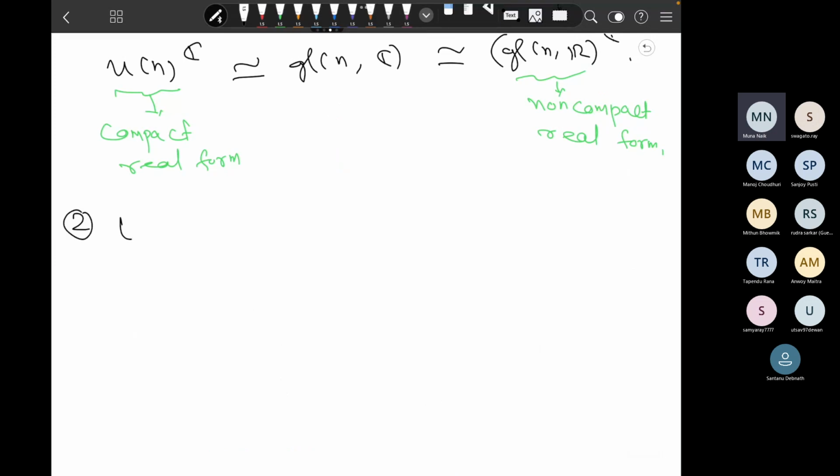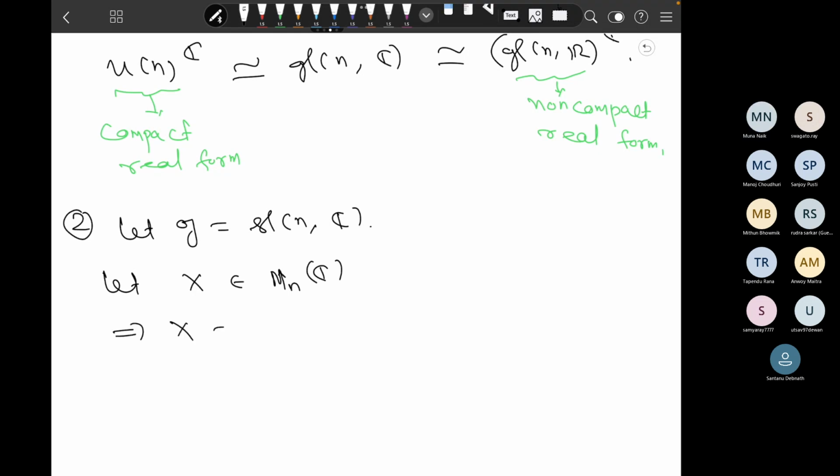Let G be equal to SLNC. So let X belong to MNC. This implies X can be written as A plus iB with A, B belonging to MNR, and this is a unique way of writing.